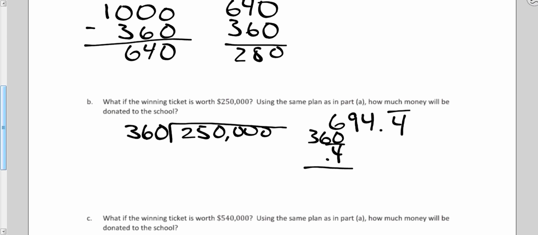What's 0.4 repeating times 360? Because this 0.4 repeating is the part we're giving to the high school, right? But there's not just one 0.4 repeating. How many 0.4 repeatings are there? There's 360 of them, right?